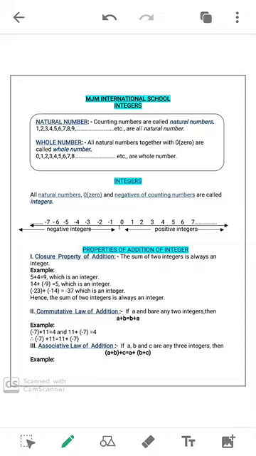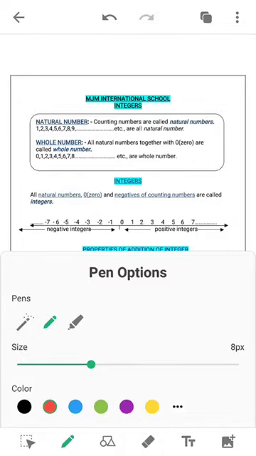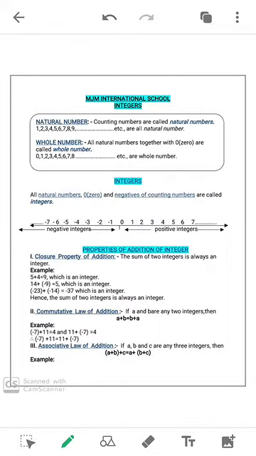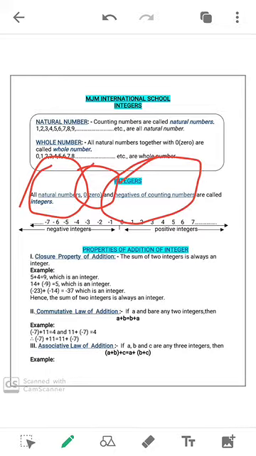Now, let us start the integer numbers. All natural numbers, 0, and negative of counting numbers are called integers.